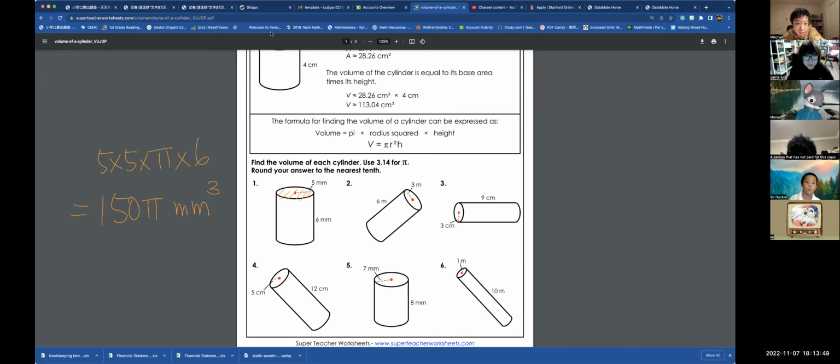So let's take a look at number 2. We have 3 times 3 times pi, that is the area of the bottom, times 6. So the answer is 54 pi meters cubed. Okay? Number 3.